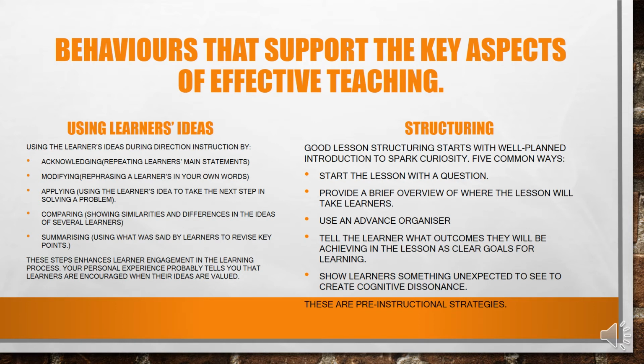That will shake their knowledge, because it's a new piece of information that's different from what they know. So it transforms their thinking, and it stimulates their curiosity enough to want to learn more. Structuring is also a pre-instructional strategy.